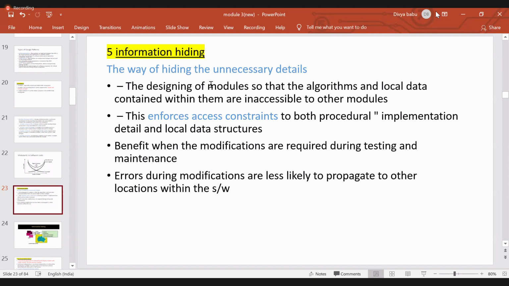The designing of modules so that the algorithm and local data contained within them are inaccessible to other modules. It is inaccessible. This concept of information hiding we use in object-oriented programming. How can you hide the unnecessary details?